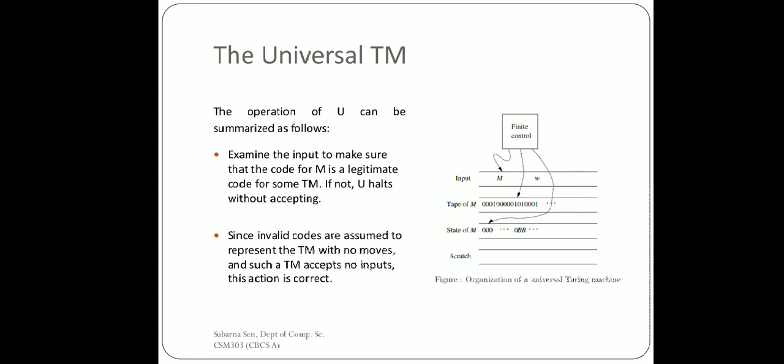It has not been trained in that way, right? So it is going to halt and it will not accept the string. Since invalid codes are not accepted by the Turing machine, it will halt there.